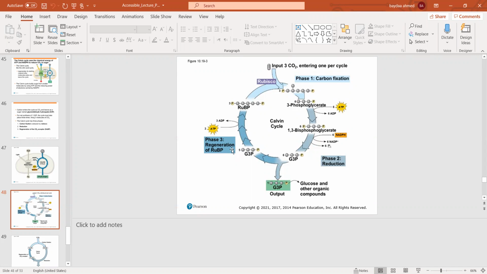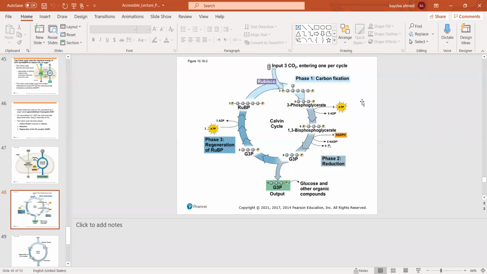In the third phase, regeneration of ribulose bisphosphate, the remaining 5 molecules of glyceraldehyde 3-phosphate are rearranged in a complex series of reactions, yielding 3 molecules of ribulose bisphosphate. 3 additional molecules of ATP are used to facilitate the regeneration of ribulose bisphosphate.